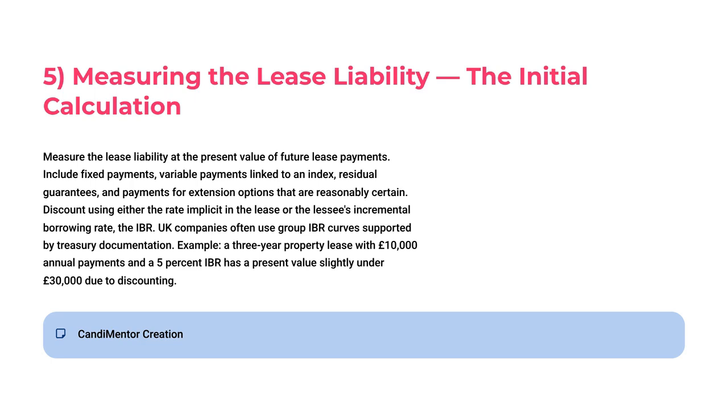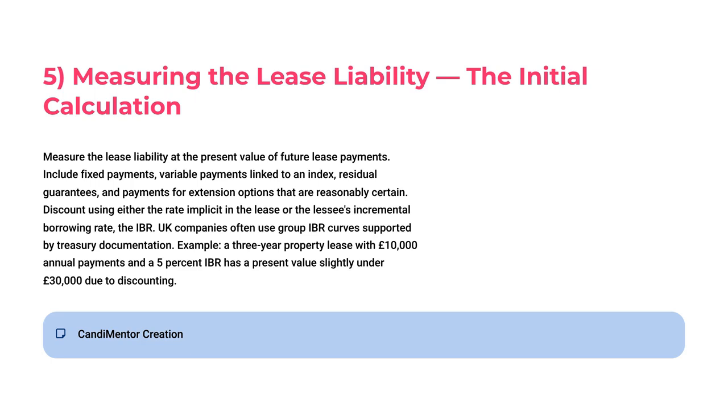Measuring the lease liability, the initial calculation. Measure the lease liability at the present value of future lease payments. Include fixed payments, variable payments linked to an index, residual guarantees, and payments for extension options that are reasonably certain. Discount using either the rate implicit in the lease or the lessee's incremental borrowing rate, the IBR.